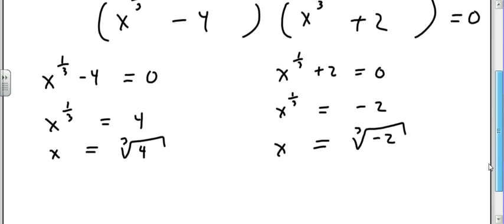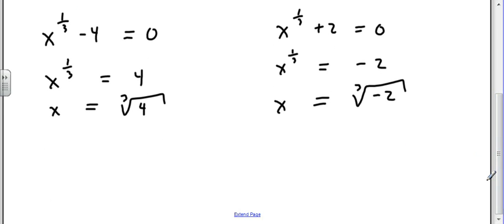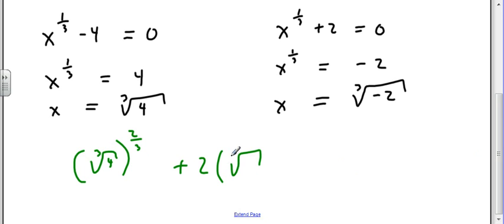All right, so that would be my answers, and then we'd say, well, I don't believe that. How can that be number 13? So if I had the third root of 4 raised to the 2/3 plus 2, the third root of 4 raised to the 1/3 minus 8, that somehow is supposed to be 0. Okay.